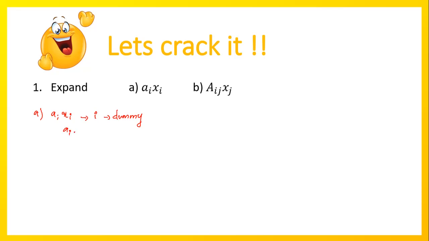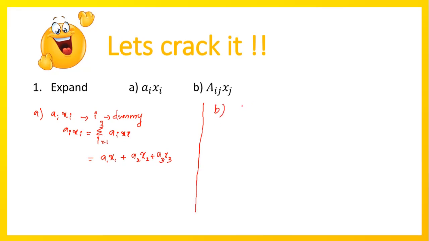Therefore, AIXI implies summation I equal to 1 to 3. Suppose I am doing it over a three-dimensional space, AIXI is equal to A1 x1 plus A2 x2 plus A3 x3. And this is how we are going to do this.